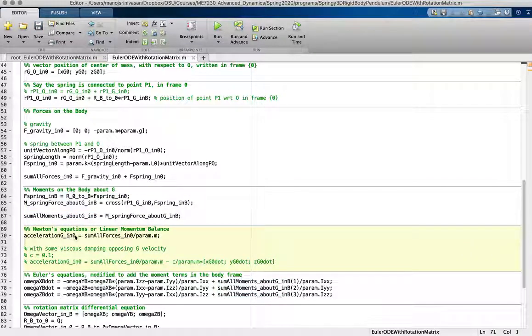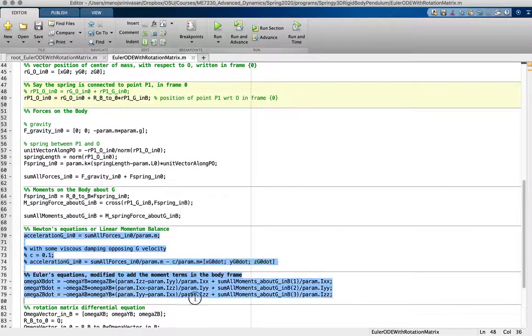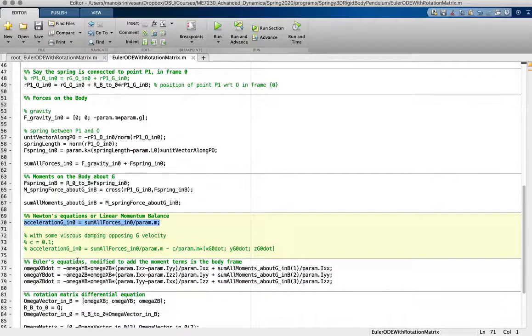And then these are Newton's equations. The acceleration of point G in frame 0 is the sum of all forces divided by mass. So all this was set up to be able to solve these things. This is the linear acceleration of point G in frame 0. If you wanted to add some linear viscous damping, we can say some damping coefficient is 0.1.